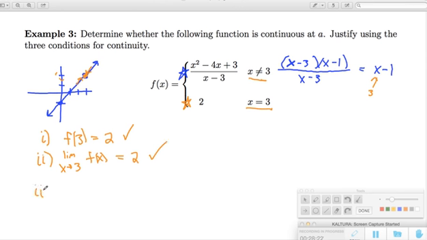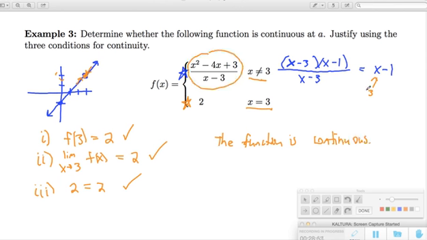Now condition 3 is that the function value has to equal the limit value. Well, that happened here, right? 2 equals 2. So there is no problem, and this is a continuous function at x equals 3. In fact, it's continuous everywhere. But remember, 3 was the spot we were concerned about. Notice how if the original function had just been defined like this, it would not be continuous at 3.